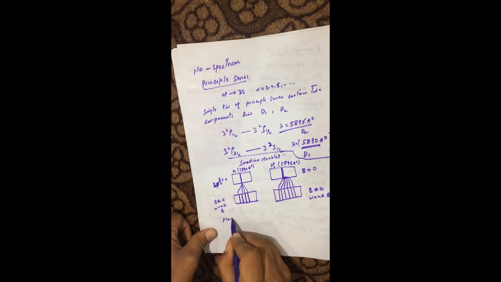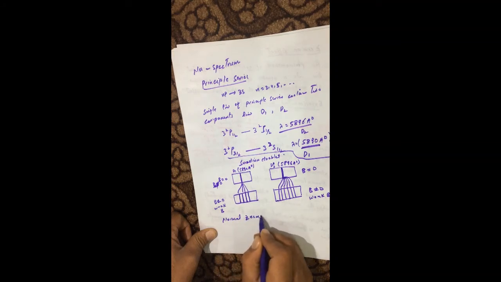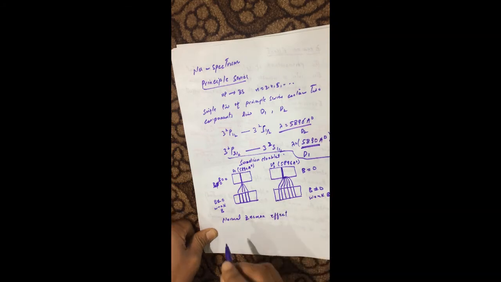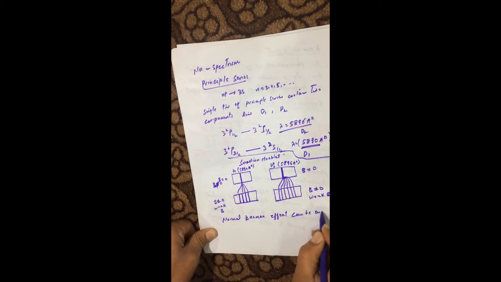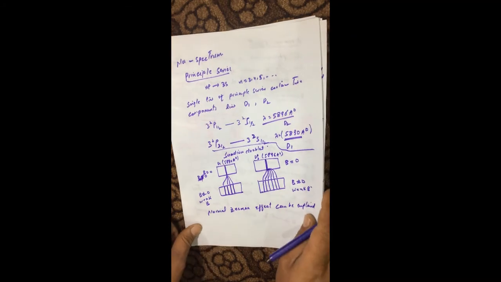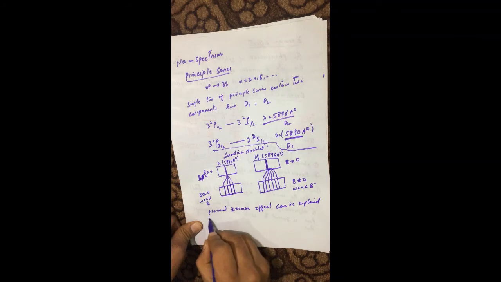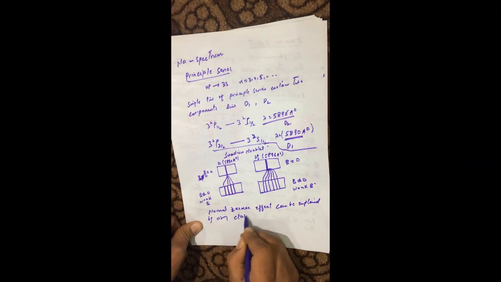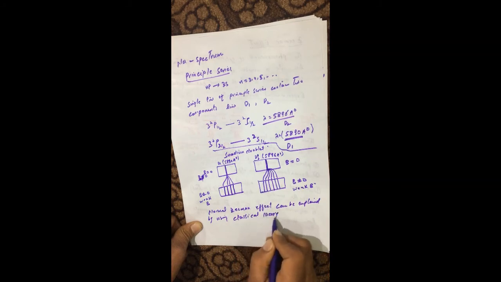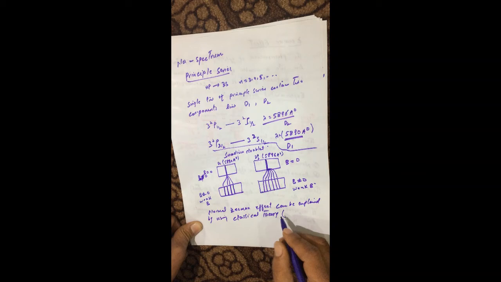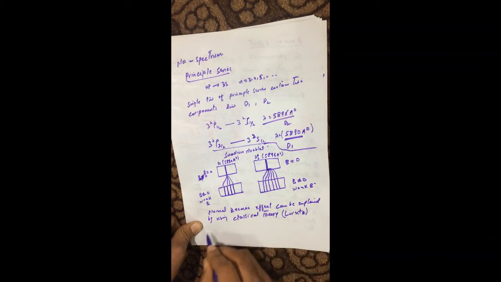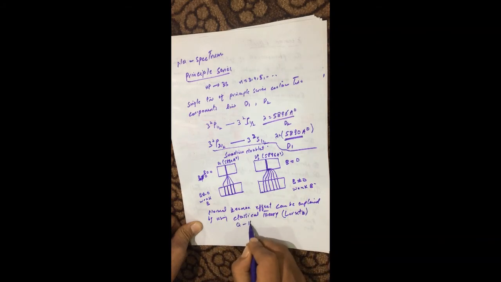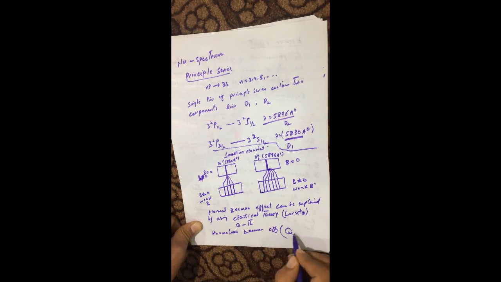Normal Zeeman effect can be explained by classical theory, which we call Lorentz theory, given by Lorentz, and it can also be explained using quantum theory, while anomalous Zeeman effect can be explained only using quantum theory.